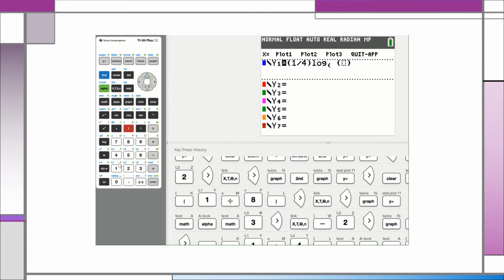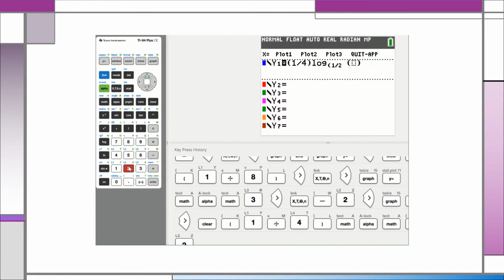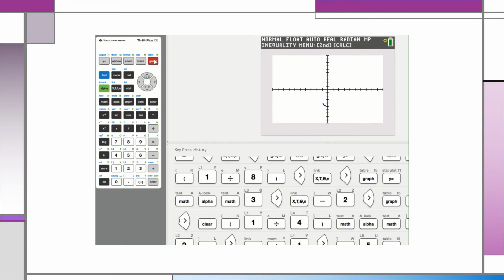And again, I like to use parentheses. And let's see, we had x plus 1. And then we've got a vertical translation where we're going down by 5 units. And let's look at the graph.